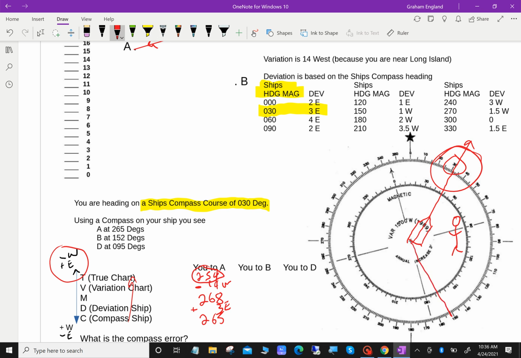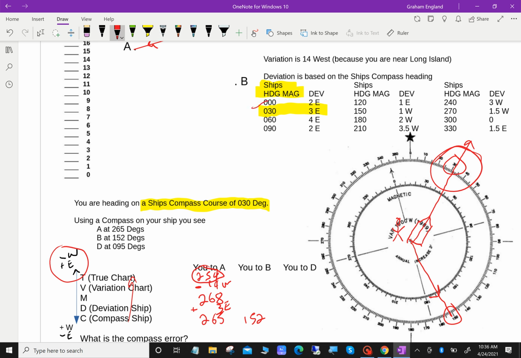I wasn't standing on that side of the compass, I stood over here and I lined it up with object B and I read 152. I didn't change the direction of my boat. My boat is still going 30.